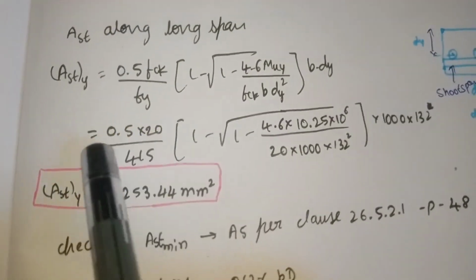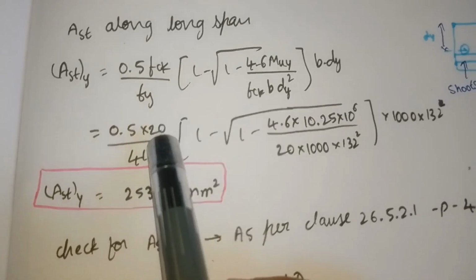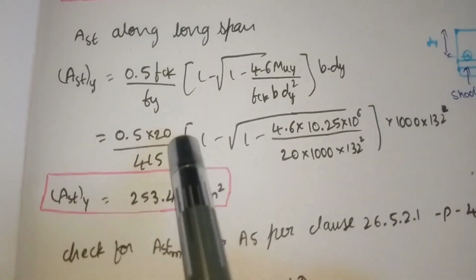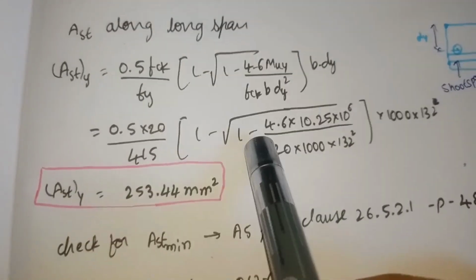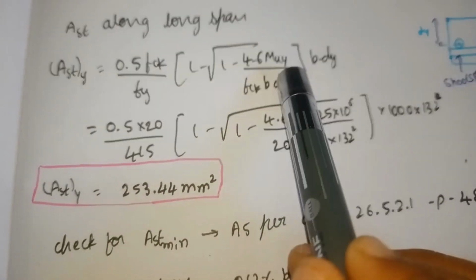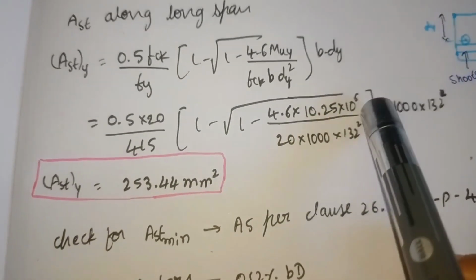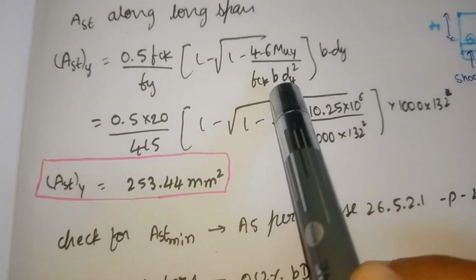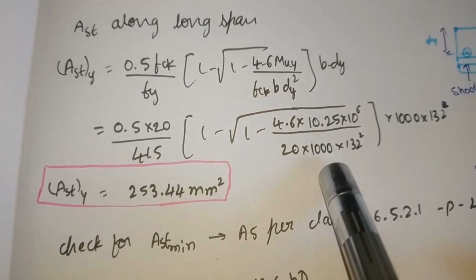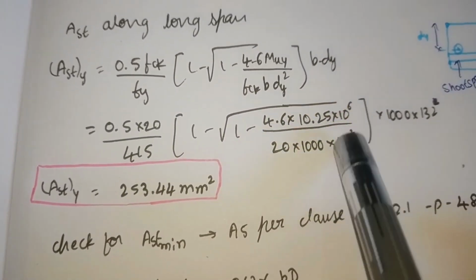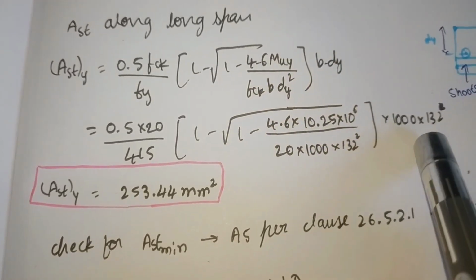So substitute all the values. 0.5 into fck is 20, fy is 415, bracket 1 minus under root of 1 minus 4.6 into Mu_y value you got was 10.25 into 10 to the power of 6 divided by fck is 20, b is 1000, dy is 132, and b is 1000 and dy is 132.